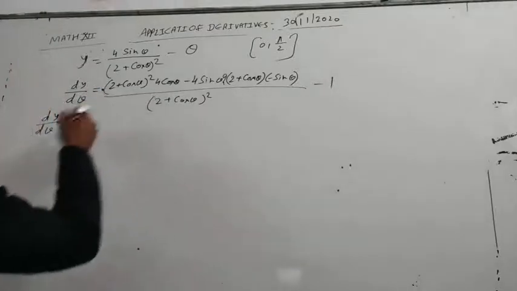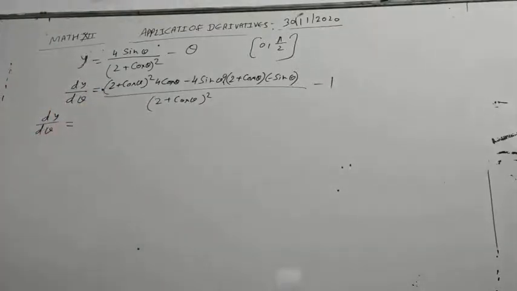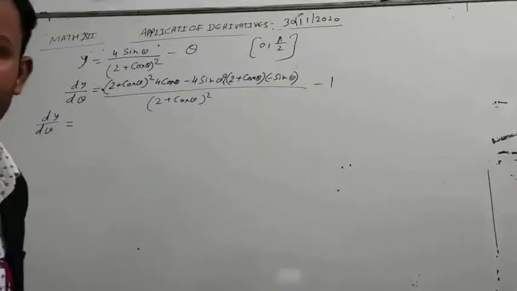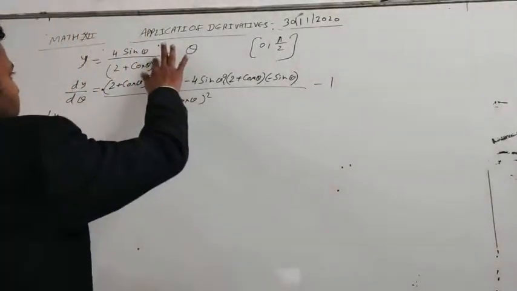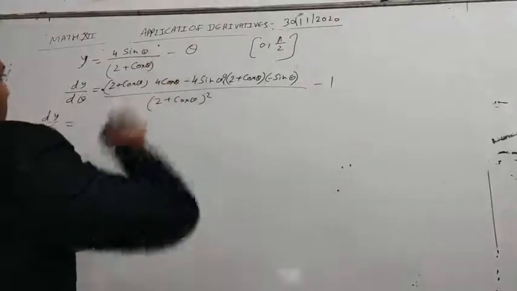Now we will open this, then we will find, sorry. So here is a mistake. It is not a square. So it will not be a square.